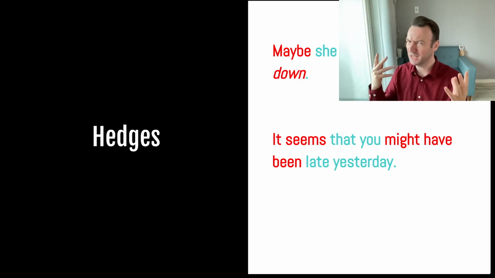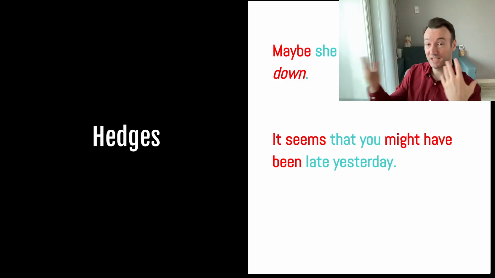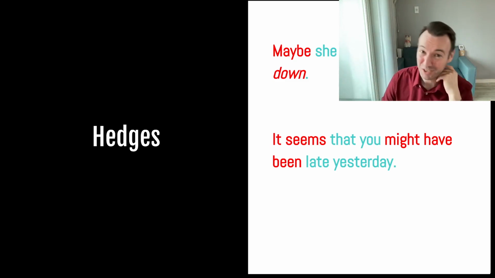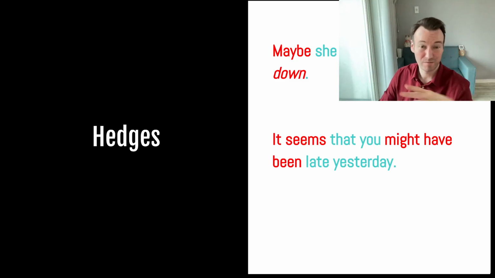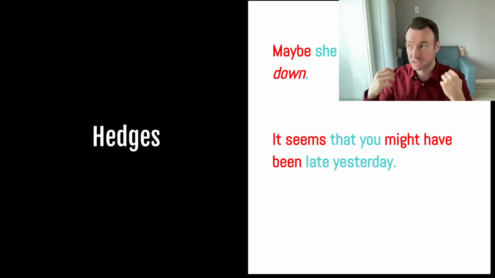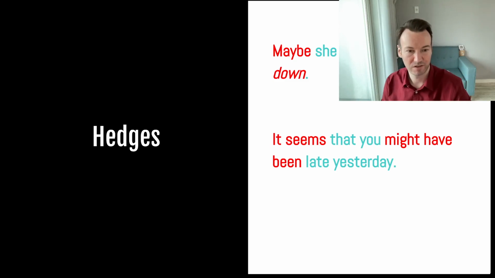It's saying you might have been late. Maybe you were late. It seems that you were late. However, in the interaction, both people know what that means. Both people know it's saying you were late. But because of the social relationship, we're using this less strong language. We're using words that reduce the strength of your language.